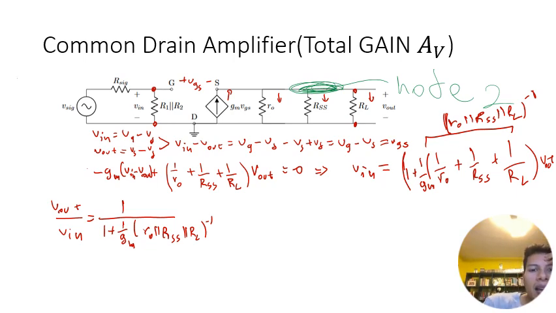I'm going to multiply the top and bottom by this in order to get rid of that factor in the denominator, and I'm also going to multiply by gm.